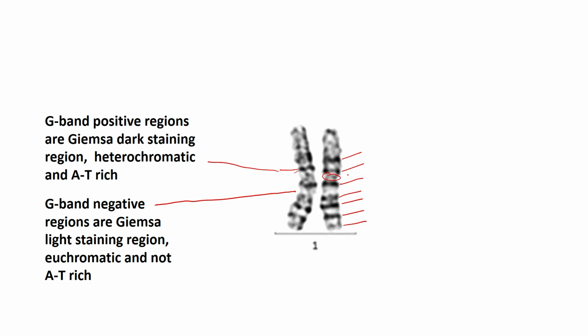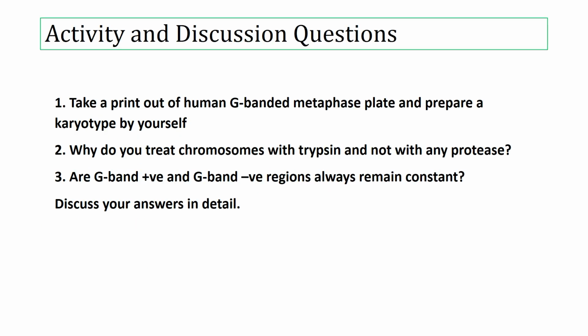If this is the centromere, they are numbered 1, 2, 3, 4, 1, 2, 3, 4, like this. So the question is: do G-band positive and G-band negative regions always remain constant? I will say yes, they remain constant. These things should be discussed thoroughly by you, and that will be the best exercise. Thank you.